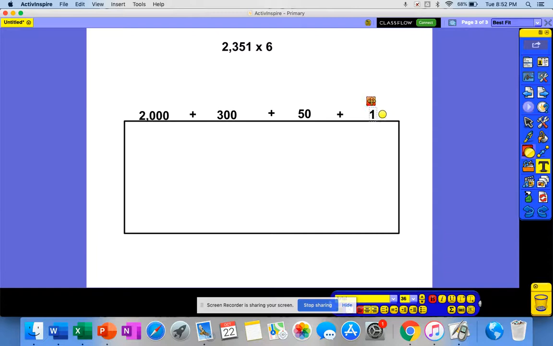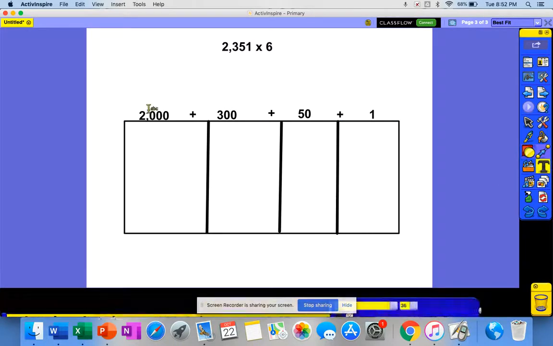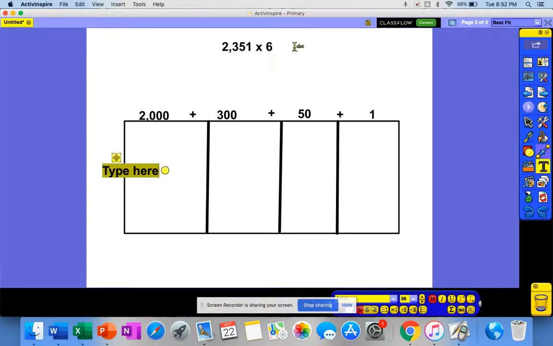Okay. Then I'm going to draw my boxes. Then on this side, you put the other factor. That is 6.